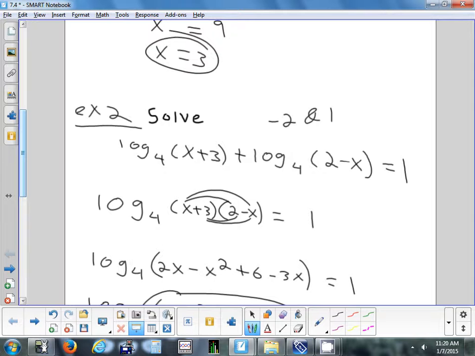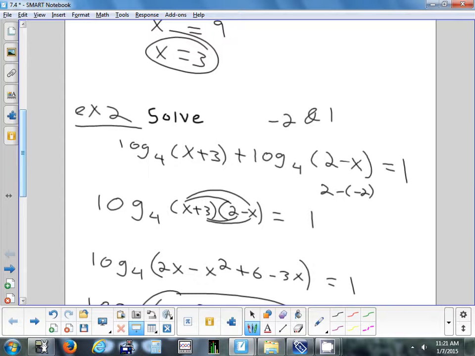Let's try plugging in -2. If you plug -2 in for x, what's -2 plus 3? 1. Is that positive? Yep, so that's fine. If you plug in -2 for x here, what's 2 minus -2? 4.